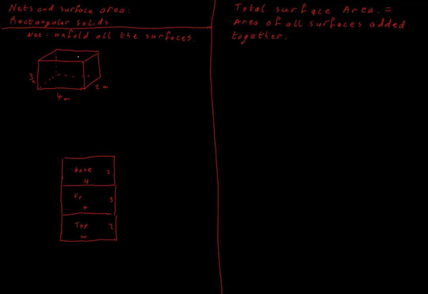And then the back of my box is going to have a width of 3. It's going to have the same width as the front. And still we're folding over again, into 3, and it's going to have my width of 4. So I've unfolded the main section of this box, but I'm missing a little bit.